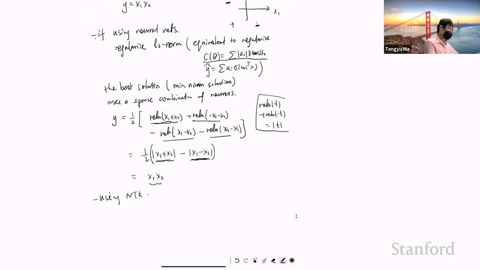I guess I can state a theorem, but roughly the intuition is that your prediction will be something like a sum of a_i σ(w_i^T x), or something like this, a sum of a_i times φ(x).